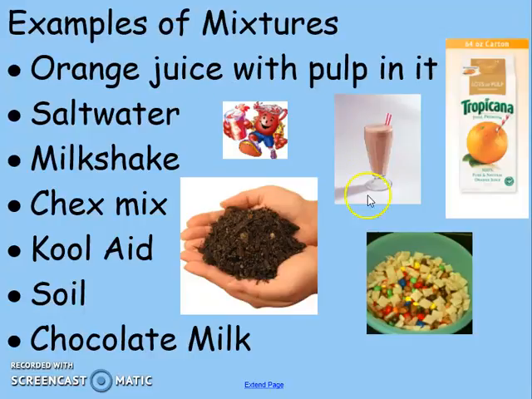A plain chocolate milkshake would be a homogeneous mixture as well. Chex Mix would be more of a heterogeneous mixture. You can see the different parts throughout. Kool-Aid is also homogeneous. Soil would be heterogeneous. You can see some of the different parts if you have rocks or twigs or maybe some earthworms in there. And chocolate milk would also be a homogeneous mixture.